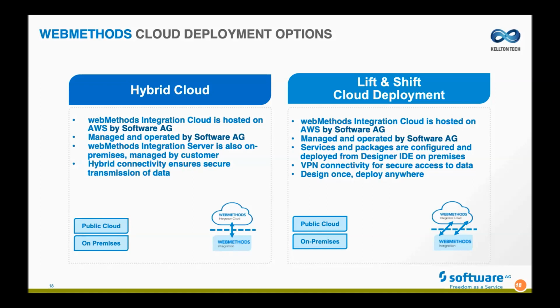On the other end, the lift and shift cloud deployment is another aspect of being able to quickly take your existing webMethods on-prem implementations and move them into cloud, repackage them and move them into cloud so that your immediate IT costs of infrastructure costs and hosting aspects will be moved into Software AG's cloud.